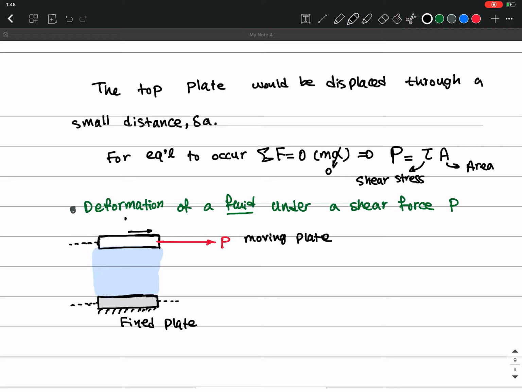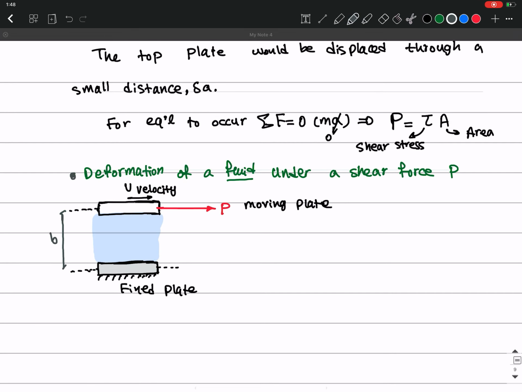So we are going to have a velocity, which I'm going to show with U. This plate is going to move with a velocity U. Again, this is B, the same as before, this length. But what's different is this velocity.